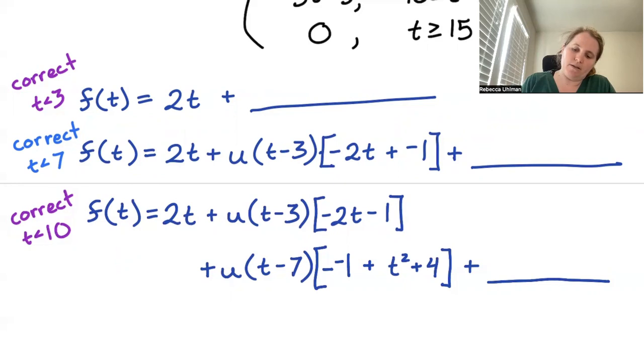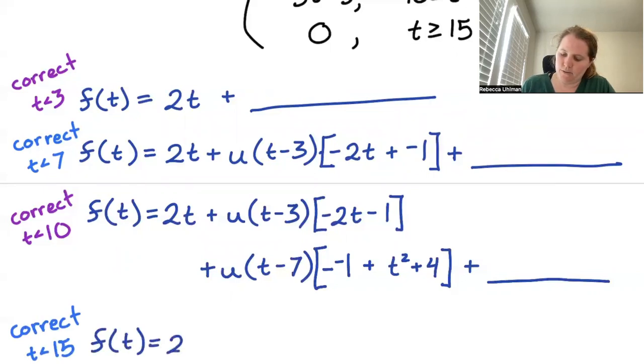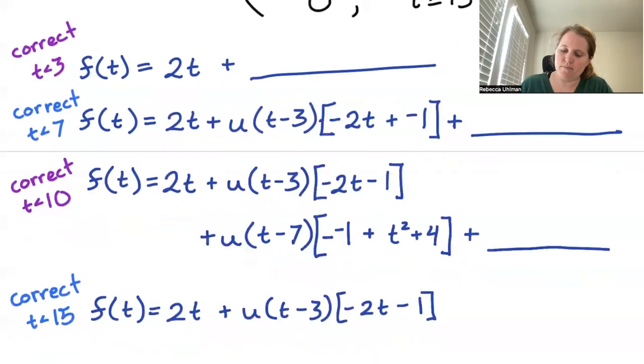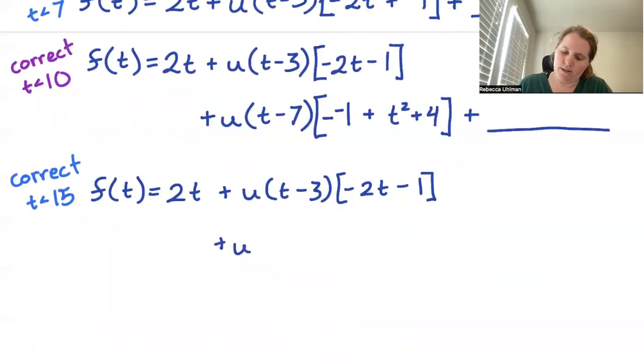Now let's go ahead and make it so that it's correct up to 15. So for correct for t less than 15, we would be looking at f of t is equal to 2t plus u of t minus 3 times negative 2t minus 1, plus u of t minus 7 times, that would simplify to t squared plus 5.